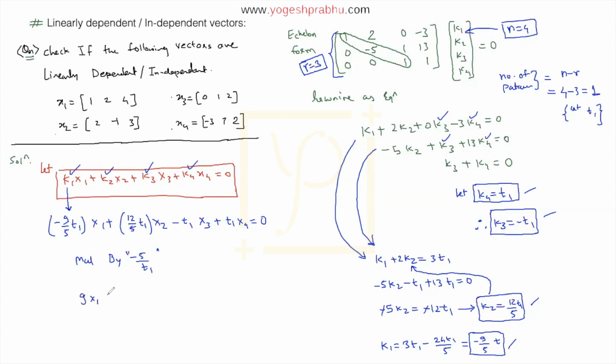Next, the 5 will cancel out, and this will become negative 12 x2, and then the minus sign, minus will make it plus 5 x3, and when you multiply here, this will be minus 5 x4 is equal to 0, and this is the final equation that I've got.